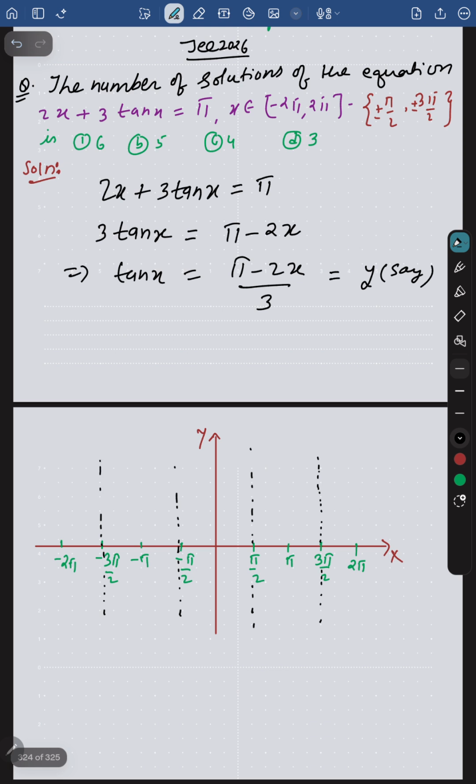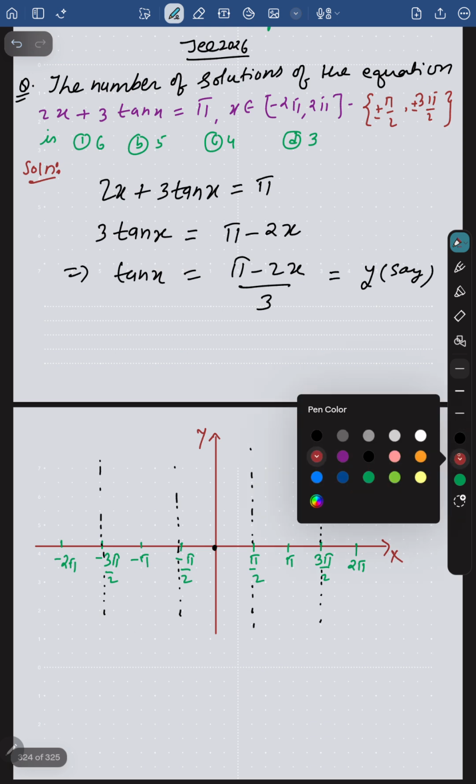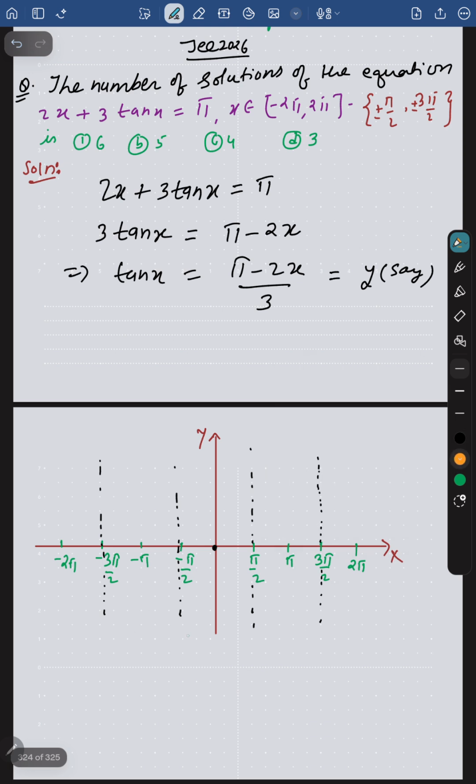And for other points, tan 0 is 0, so at x equal to 0, tan x is also 0, so your graph will be like this for tan x. Okay, for tan x you know already all this.